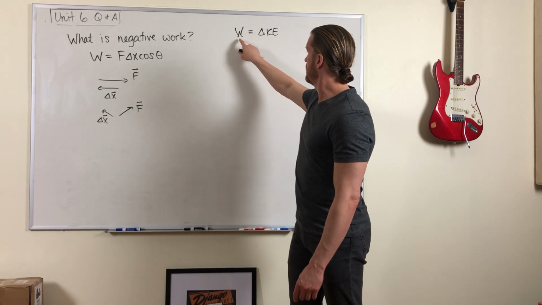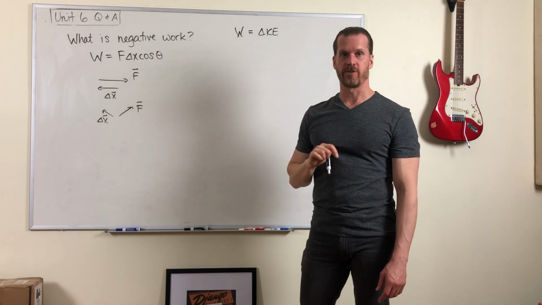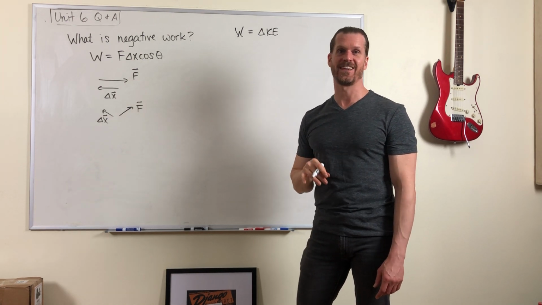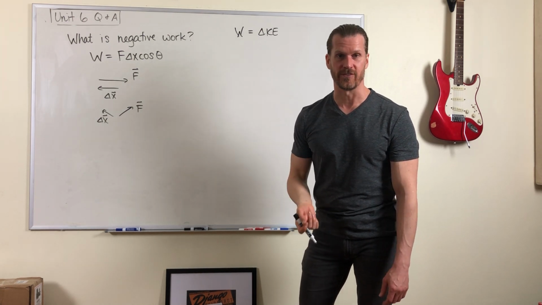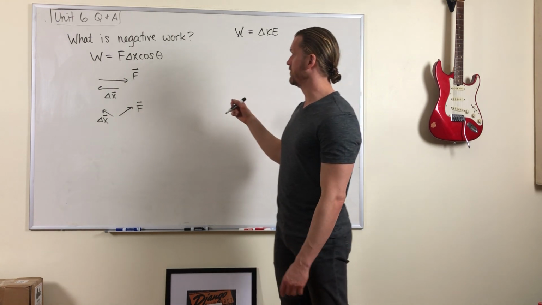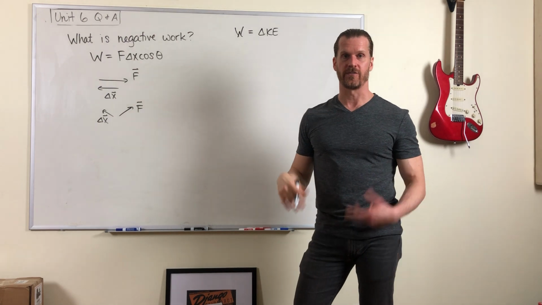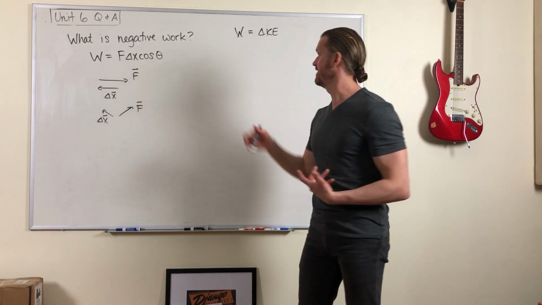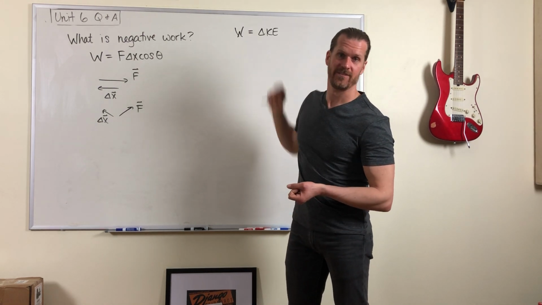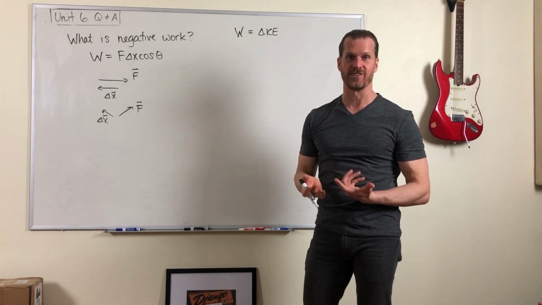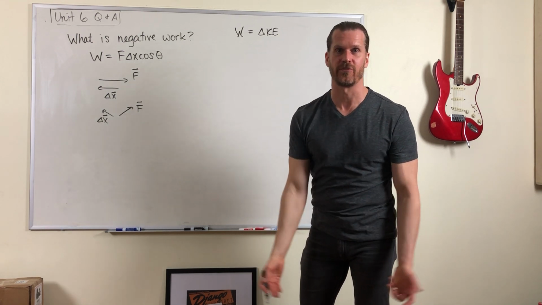So if you do positive work, that means kinetic energy increases. If you do negative work, then kinetic energy decreases. If the change in kinetic energy is negative, that means kinetic energy decreases. That means your system slows down.